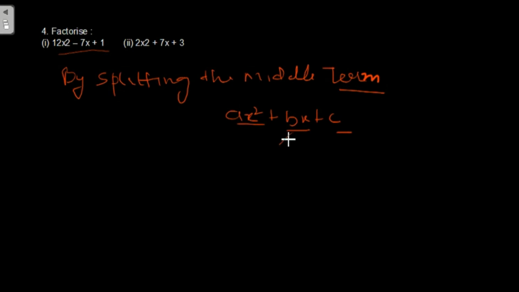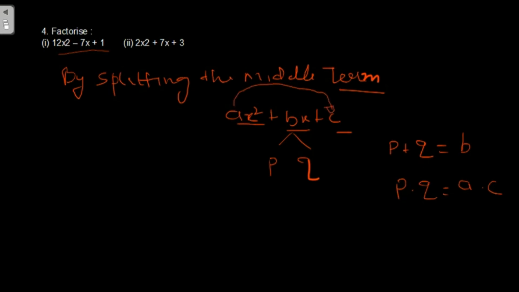So we have to split this b into two numbers p and q, such that p plus q is equal to b. And if I multiply p and q, then it should be equal to a multiplied by c, that is these two numbers, the constant and the coefficient of x square. So if I can do that, then I can factorize any quadratic polynomial.